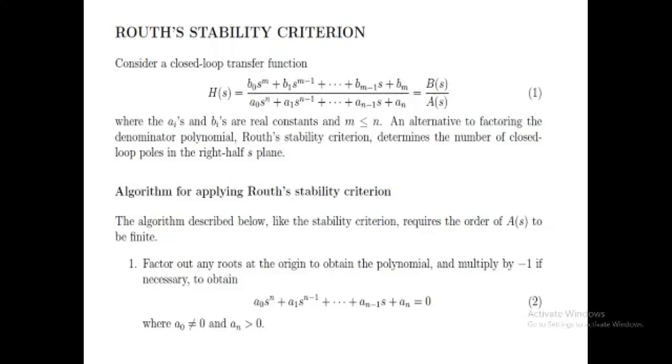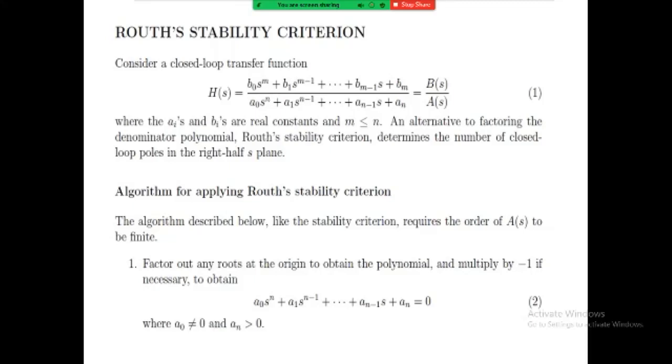The power of s goes on decreasing, and at the same time the coefficient of s also goes on decreasing, that is a(n minus 1) into s plus a n. And it is equal to B(s) upon A(s). This is equation number 1.